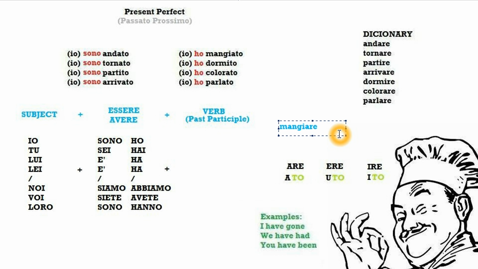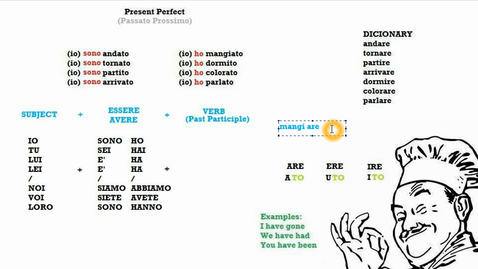Well, we separate the stem, which is the root of the verb, from the ending. How do you realize what the ending is? Well, the ending can either be are, ere or ire in Italian. So A-R-E, E-R-E, or I-R-E. Okay, it's either this one, that one, or the other one. It can't be anything else.